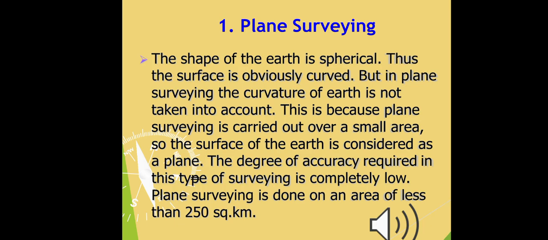The line connecting any two points is a straight line and the angles of the polygons are plane angles. Plane surveying is suitable for small and flat areas, and its degree of accuracy is comparatively low. In America, the limit for treating a surface as a plane is about 250 square kilometers.